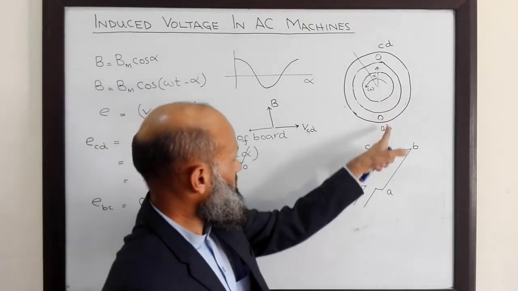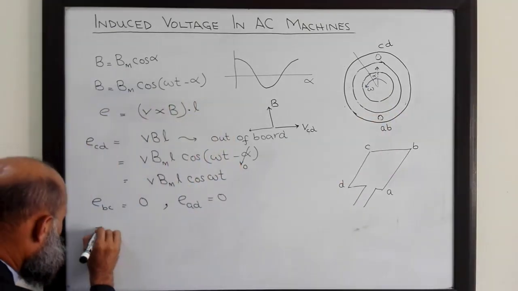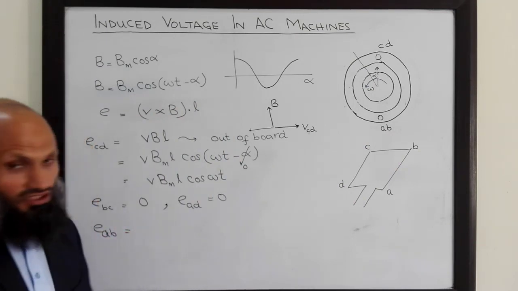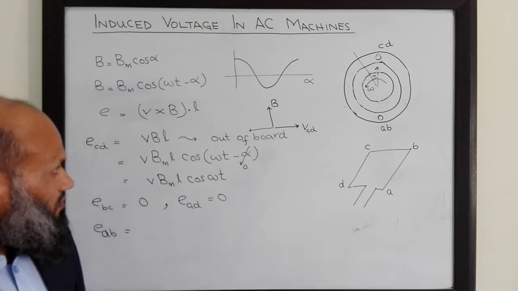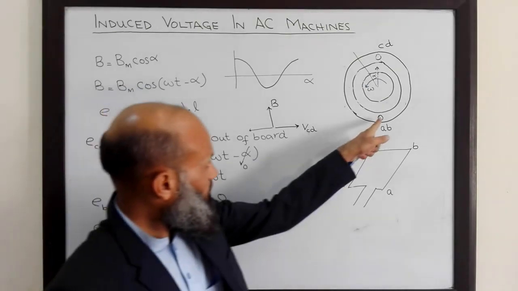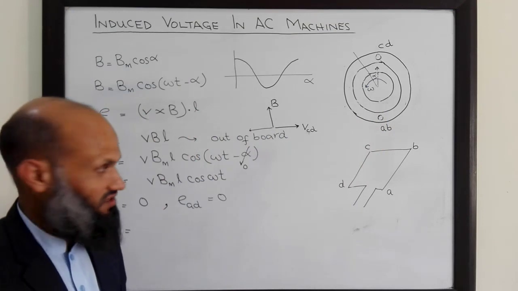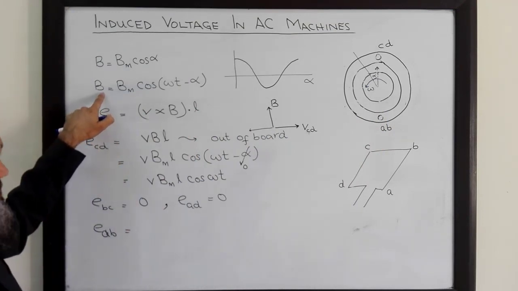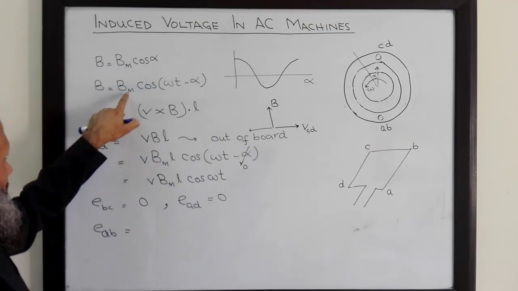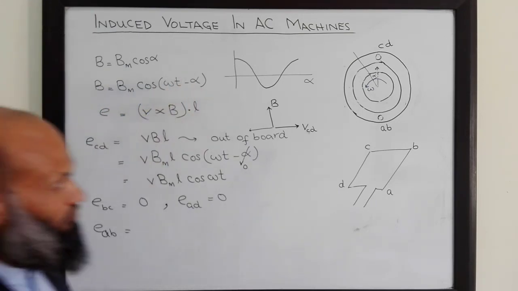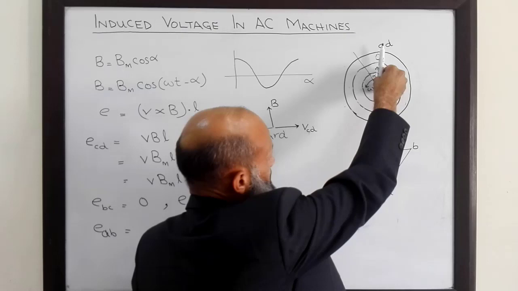Now we are left with this segment AB. So what is the voltage induced in segment AB? What is angle alpha corresponding to this conductor? This alpha is 180 degrees. Therefore, the flux density vector is Bm cosine of omega t minus 180 degrees. What is the direction of this flux density vector?